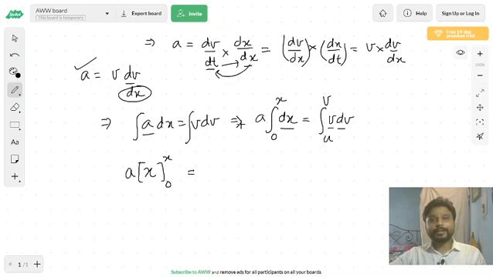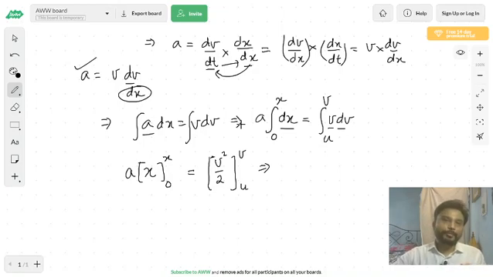In the same way, integration of v dv should be v square by 2, with the lower limit u and the upper limit v. So again we do the same exercise, just to strengthen our concept of definite integration.